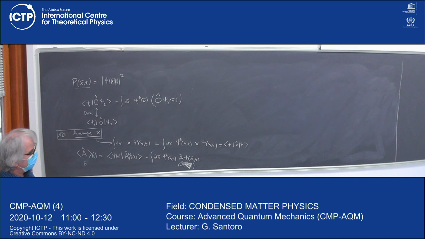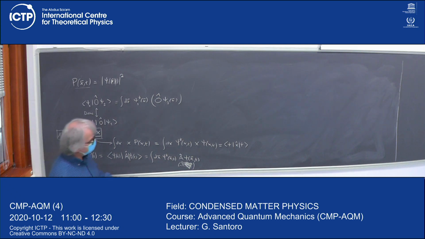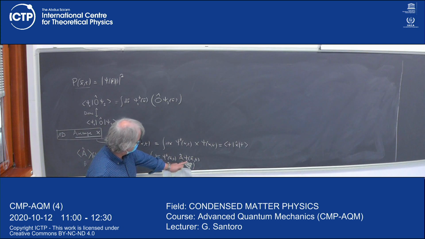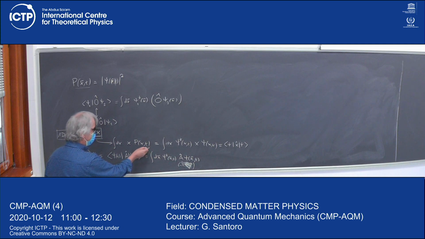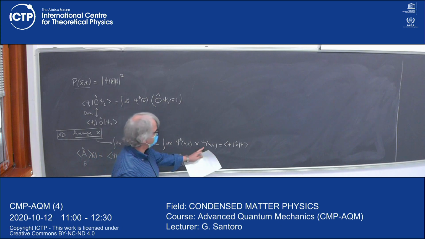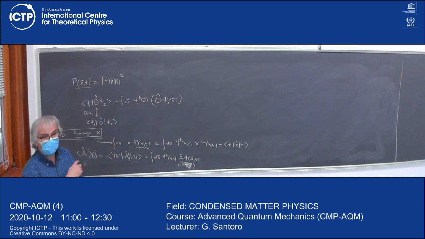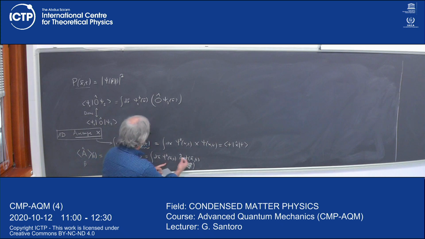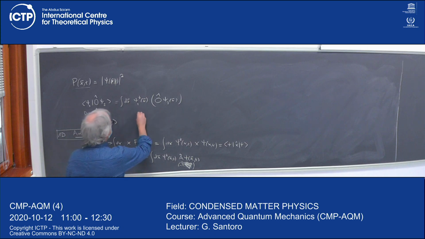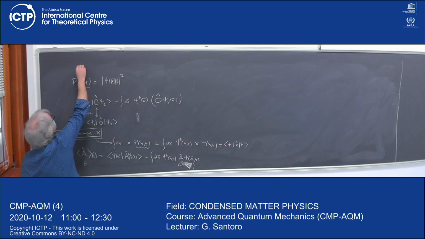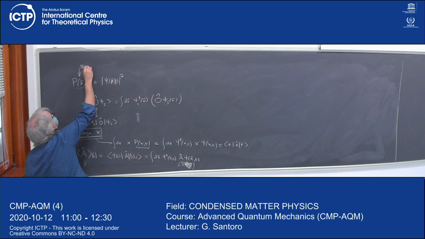Second comment. This implies that here I will not have P, because I have psi star times the derivative of psi. Is it clear? So unlike here, where I rewrote P as psi star psi, here I wouldn't be able to do the opposite, rewrite this thing in terms of a P. This is important because P is not a fundamental quantity.